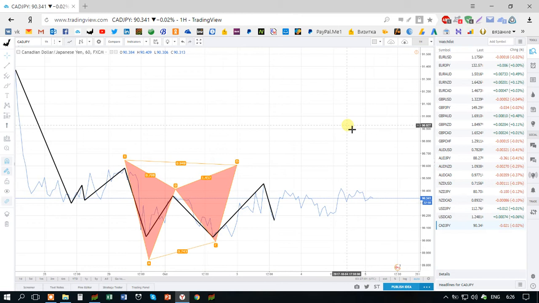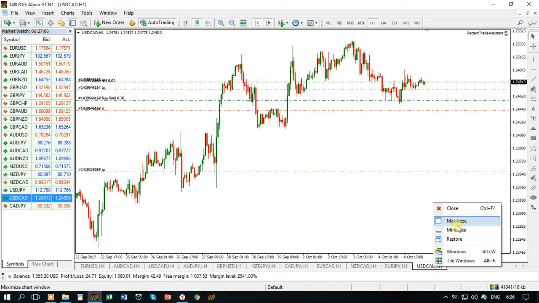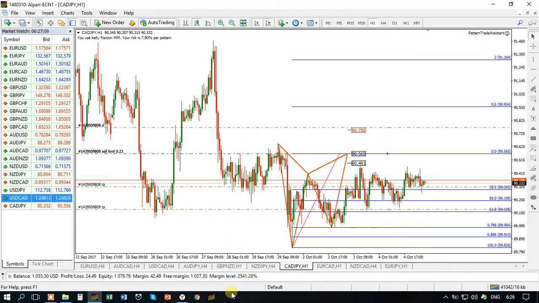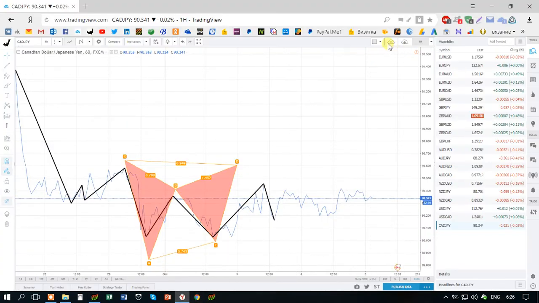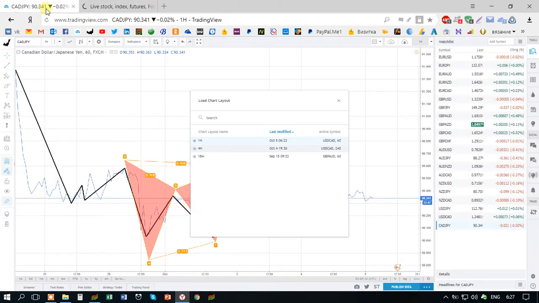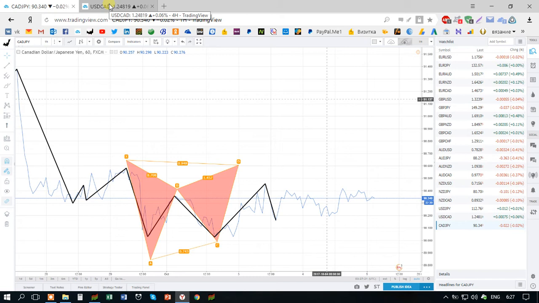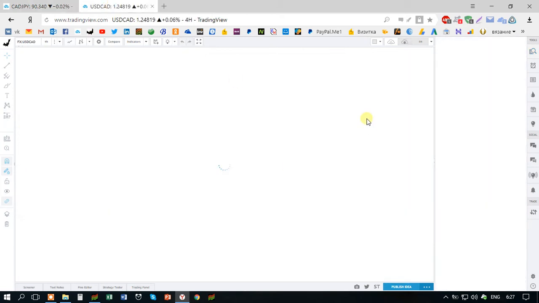Done. Let's go next. Dollar Canadian 1 hour should be deleted here. Let's go next. It is the 4-hour layout. We need to save this. Okay, and let's start doing analysis on 4 hour.